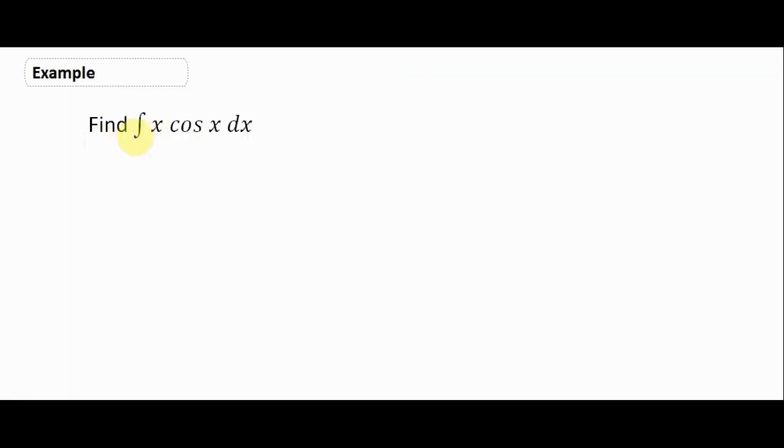Find integral of x cos x dx. We are asked to calculate integral of product of two functions. The first function is x and the second function is cos x. So one among these two has to be taken as u and the other one as v. The first function is x, which is an algebraic function, and the second function is cos x, which is a trigonometric function.